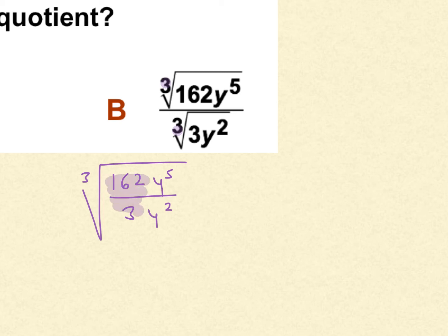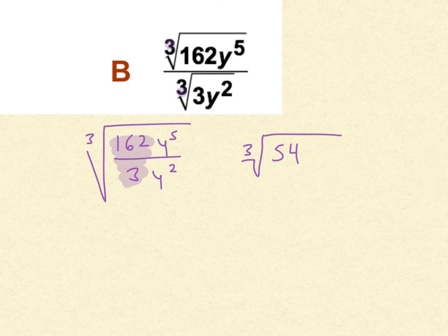Let's look at our numbers first. What is 162 divided by 3? 54? Seems right. Yeah, 54.